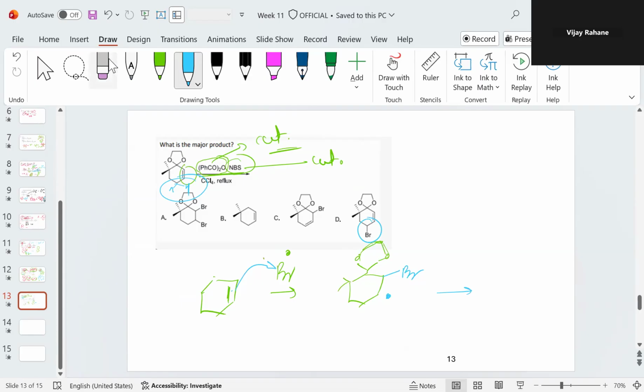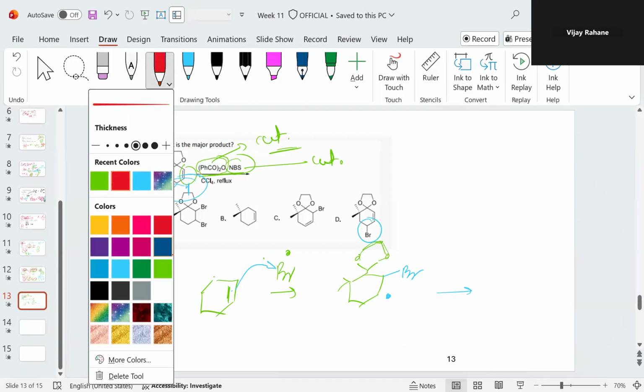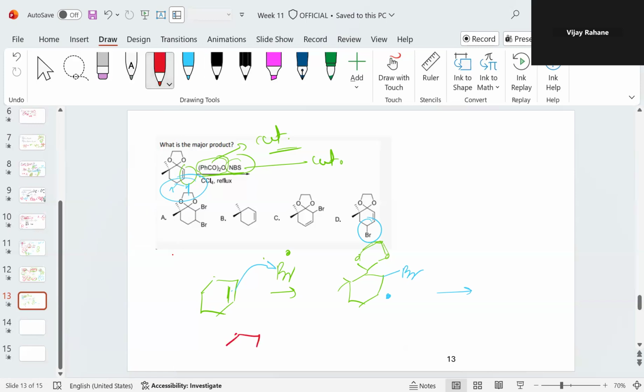Okay, so the one that you are mentioning, the allylic center. So basically, how can it be possible in that way? I think it's like this. Let's say we have this olefin.